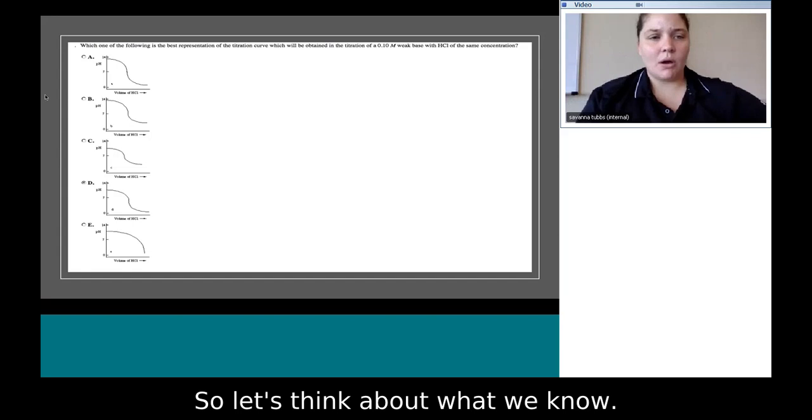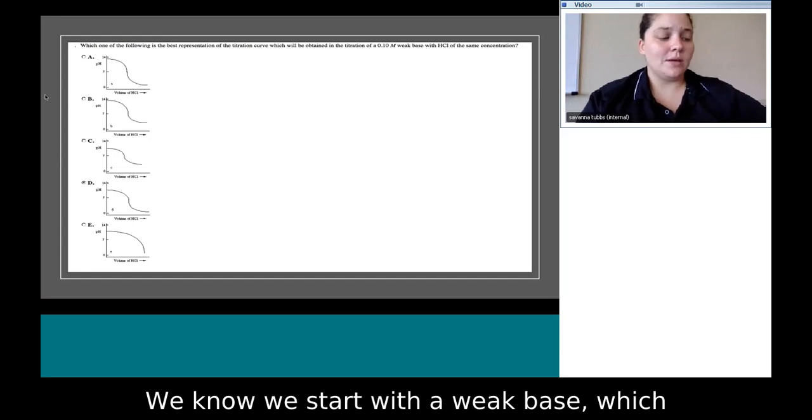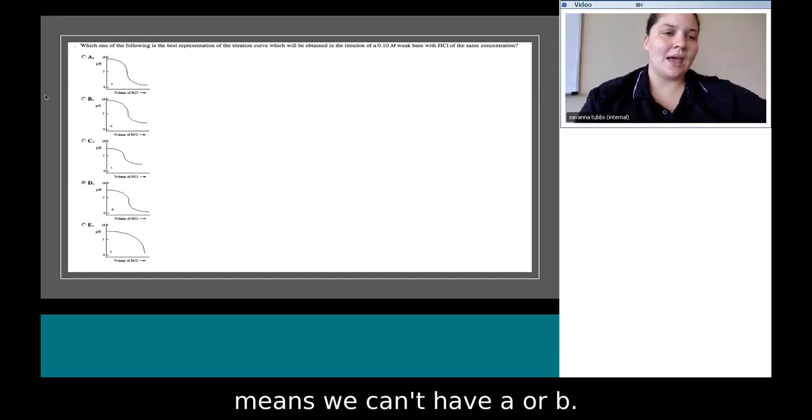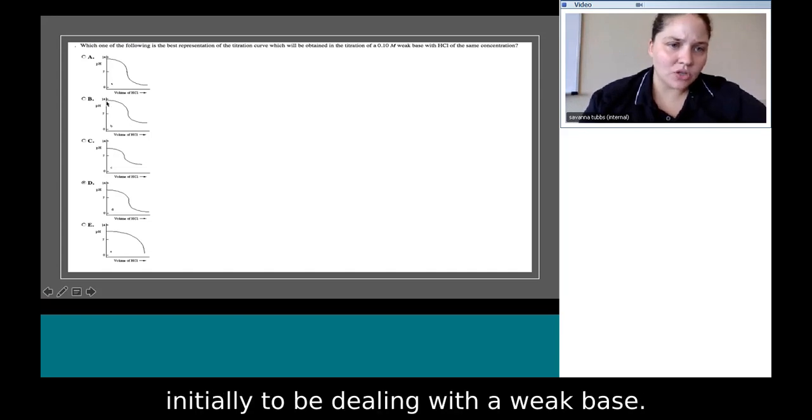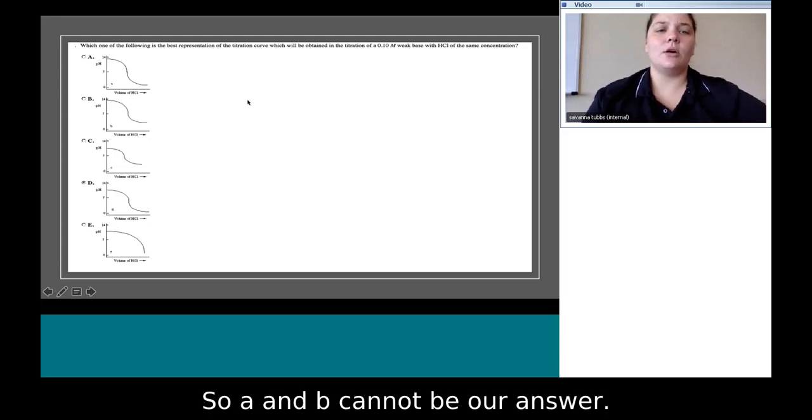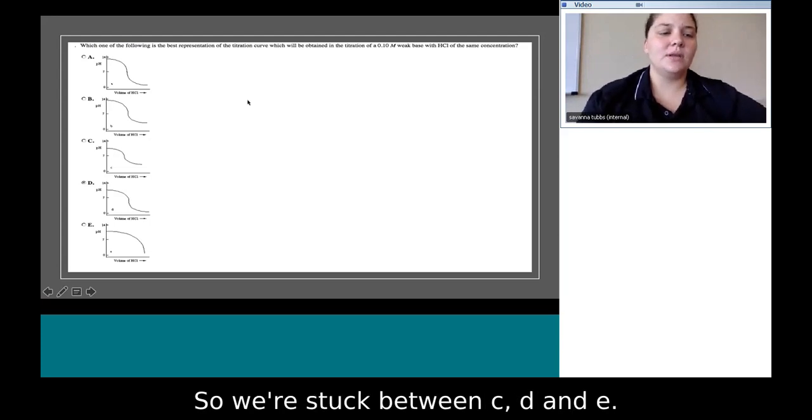Let's think about what we know. We start with a weak base, so if you look at the pH, it is too high initially to be dealing with a weak base. So A and B cannot be our answer. We're stuck between C, D, and E.